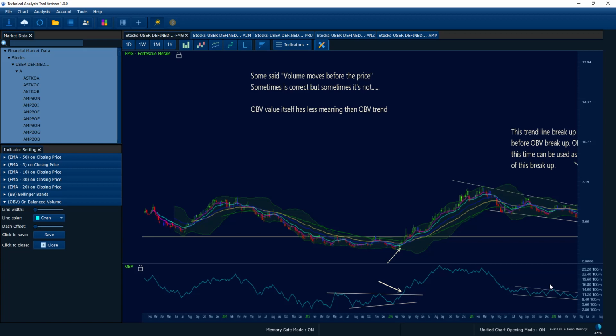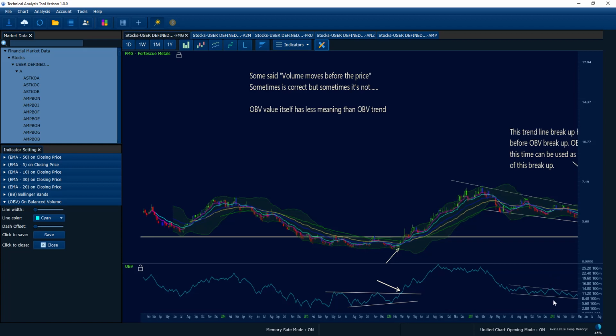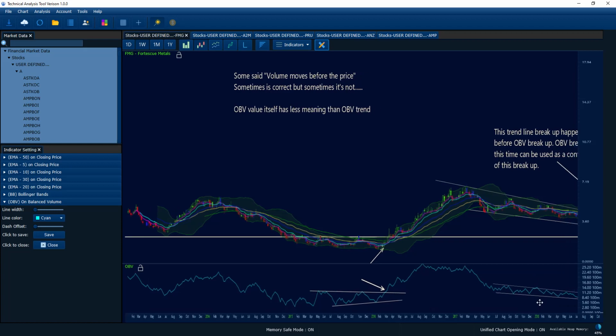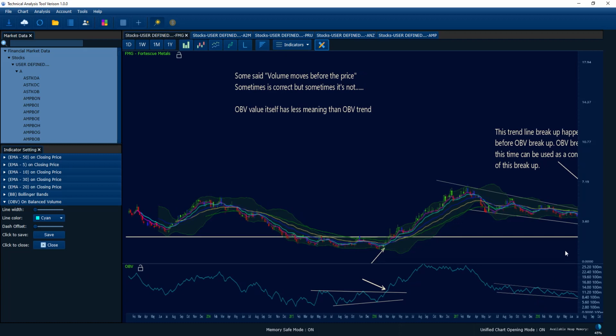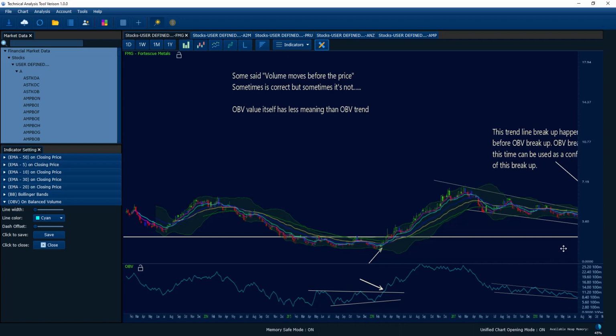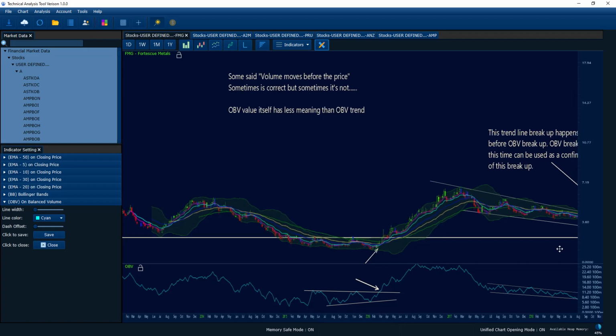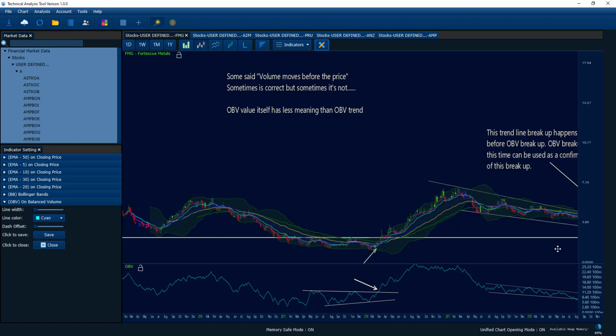The OBV also falls in a falling wedge, so you can draw a trend line on the OBV chart in this case. At any time, you don't know when this share will break up or down because you have no idea, so you observe the OBV line, waiting for some indication that the OBV breaks below or above this trading pattern.